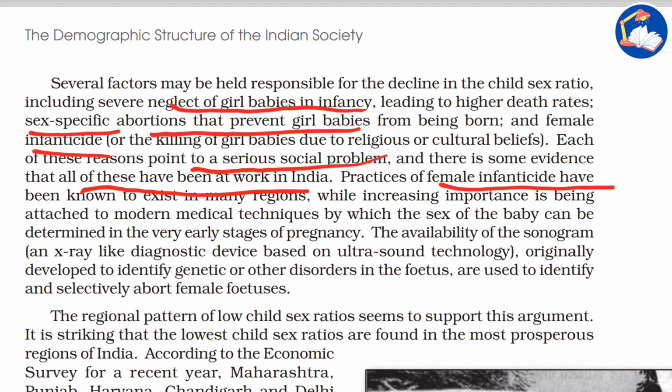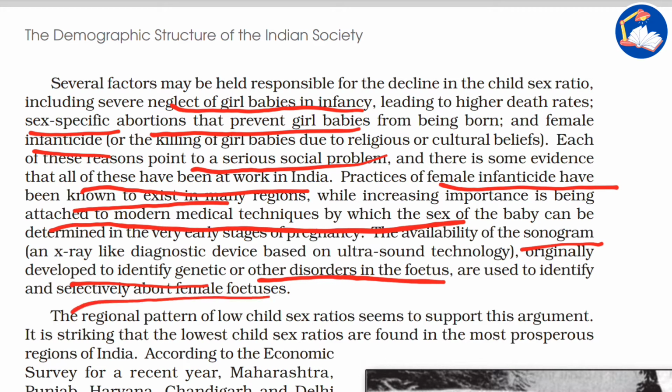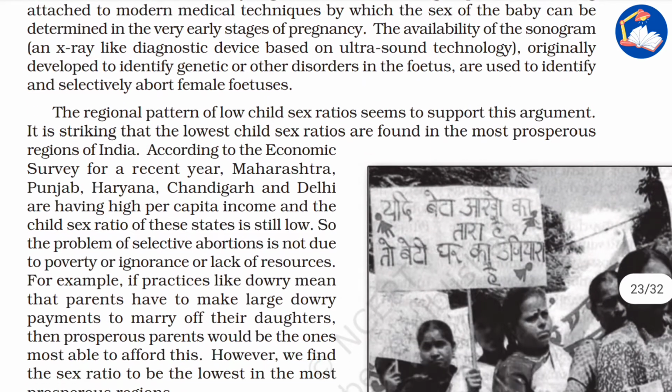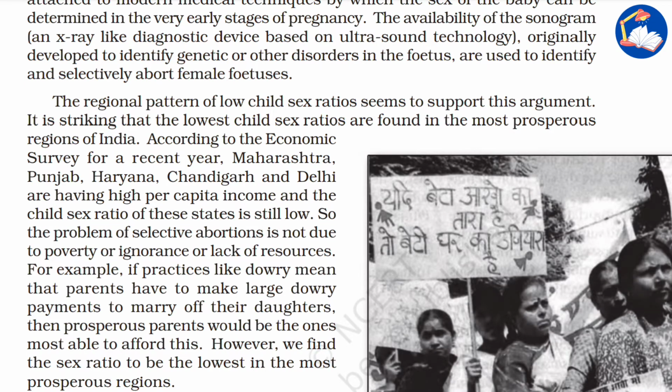Practices of female infanticide may have been known to exist in many religions, while increasing importance is being attached to modern medical techniques in which the sex of the baby can be determined by sonogram, which was originally developed to identify genetic and other disorders of the fetus, being used to identify and selectively abort female fetuses. Okay, these are some of the causes of declining sex ratio.